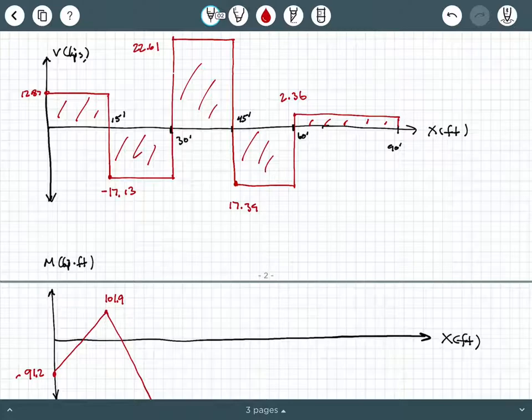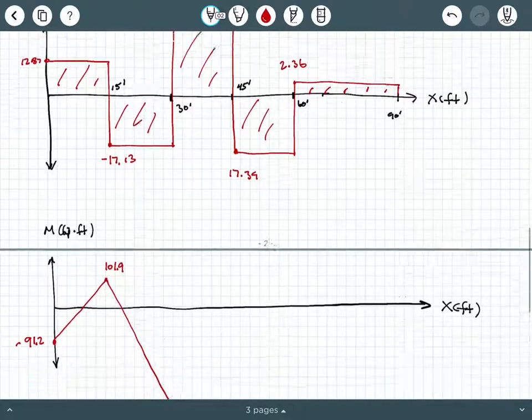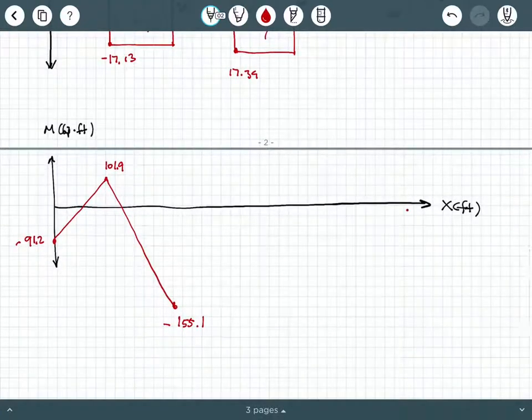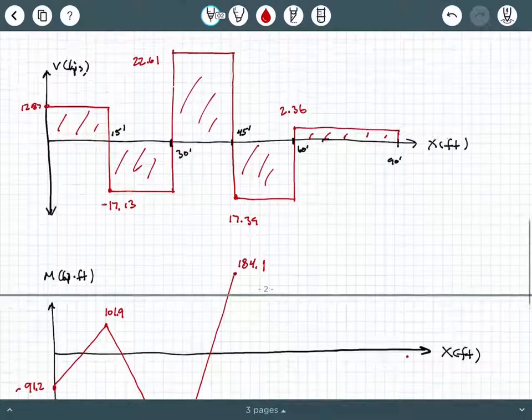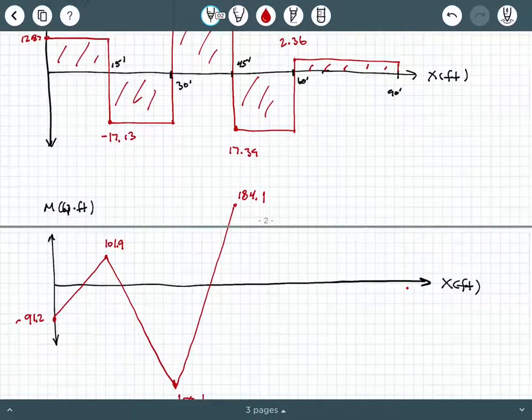And then we're going to say plus 22.61 times 15. So that's going to shoot me way up to 184.05. That's going to be like way up here. 184.1, okay?